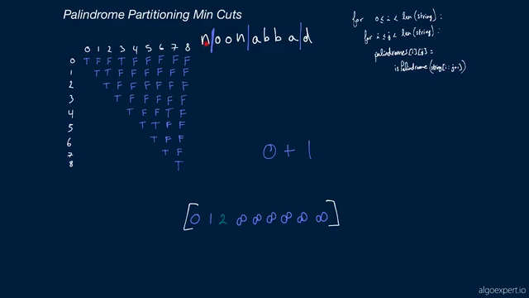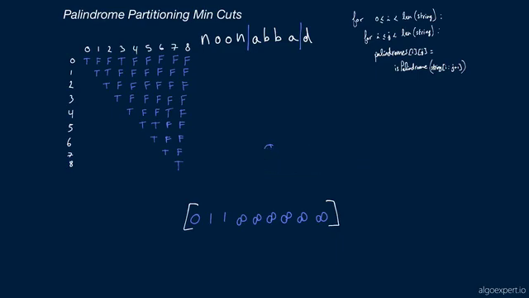So we take the minimum number of cuts here plus 1 cut. So we get 1, and 1 is less than the 2 that we had previously stored. So we can erase this 2 and update it to 1. Okay? And that is our formula, that is our algorithm.